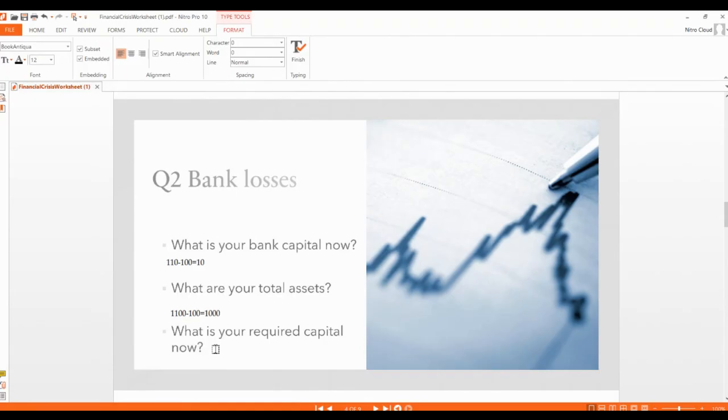Finally, what is your required capital now? Well, remember, the capital requirement is 10% of the assets. So the capital requirement is 10% of 1,000, which is 100. How much do you have? You only have 10.